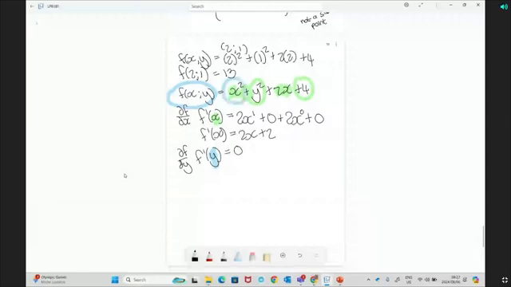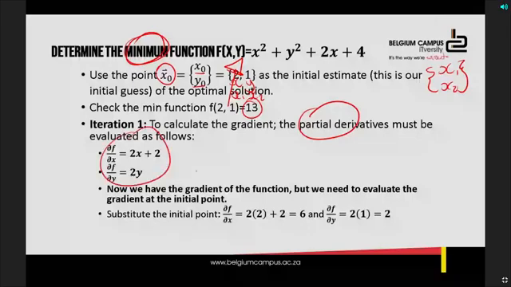Our next term has a y, so we can derive that. So it becomes plus 2y to the power of 1. The next terms, no y, no y. So you've got 2 constants. That falls away. So that would leave us with just 2y. Right, so that's how we got these values.